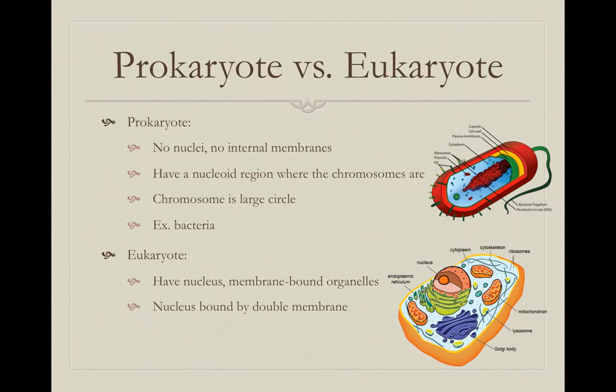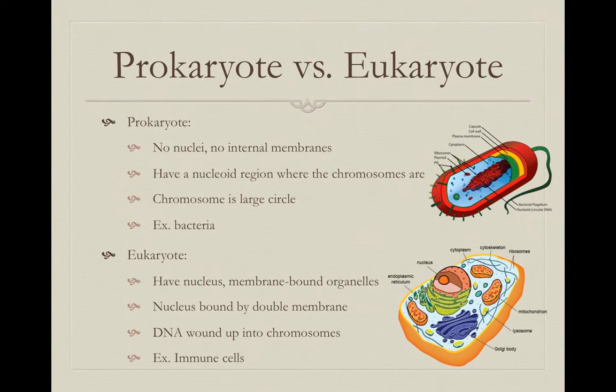Now, a eukaryote has a nucleus and membrane-bound organelles. Its nucleus is bound by a double membrane, which is the nuclear envelope, that's the correct term. And DNA is wound up into chromosomes, like a human chromosome. An example would be immune cells, which are found in our body.